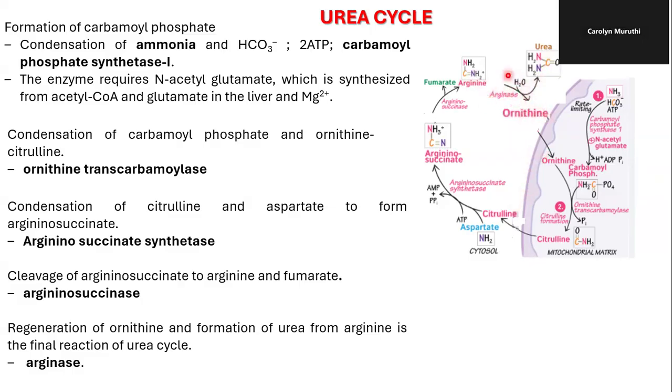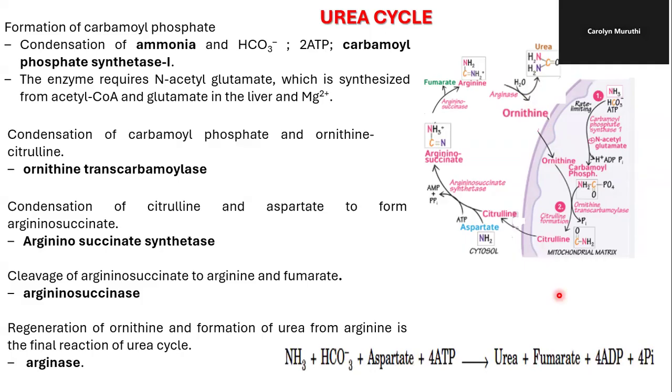And this reaction is catalyzed by an enzyme known as arginase. So we will appreciate that in the urea cycle the first two steps occur in the mitochondria, and citrulline is then transported to the cytosol, where through various intermediaries, it's converted to urea and ornithine, which will come back to the mitochondria.